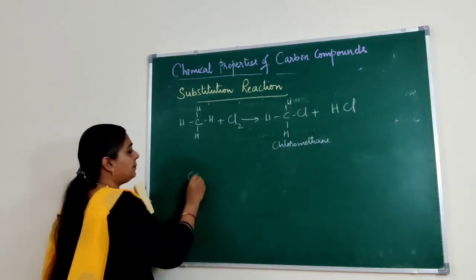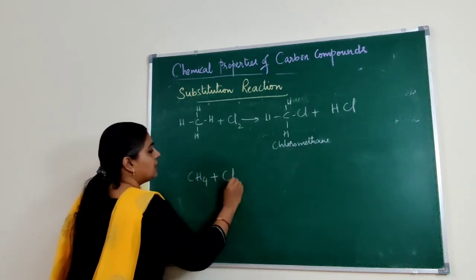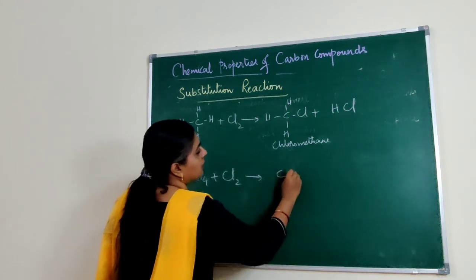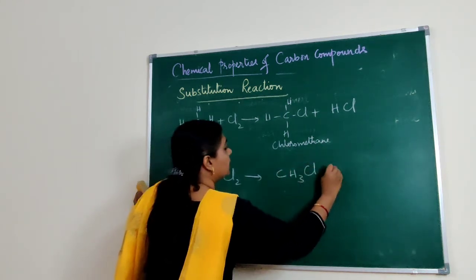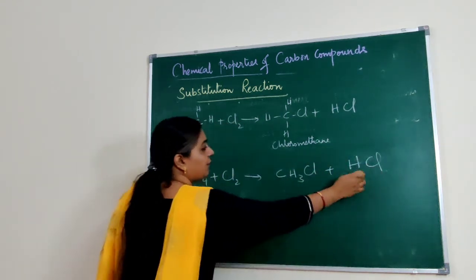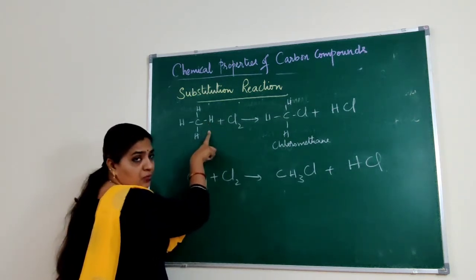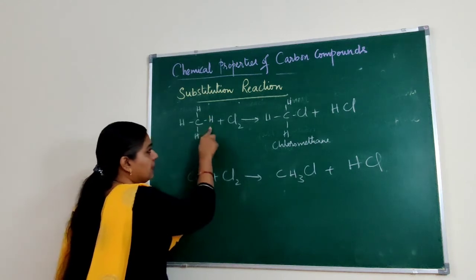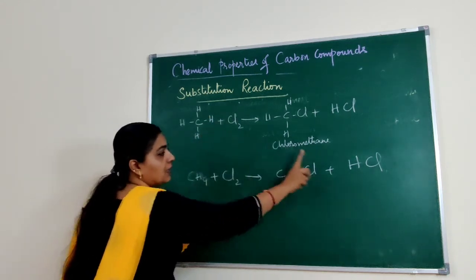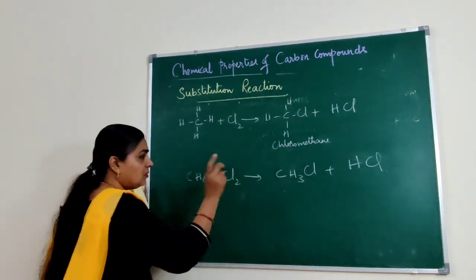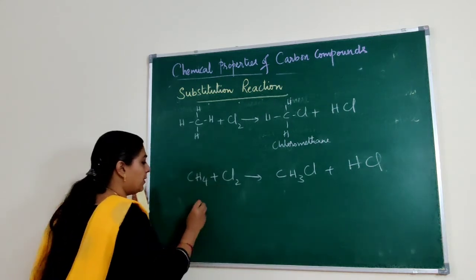Substitution reaction. So what happened here is CH4 plus Cl2 gave you CH3Cl plus HCl. You understood from where you got HCl. This H, right? This H which is substituted by chlorine, and this H and one Cl have combined to form HCl. So this continues. It won't stop like that only.